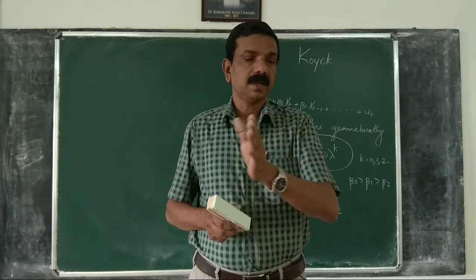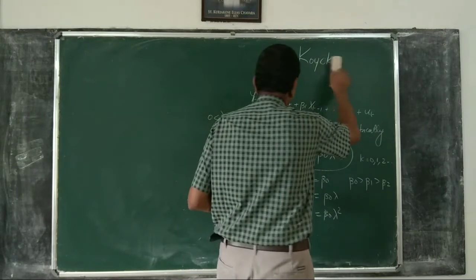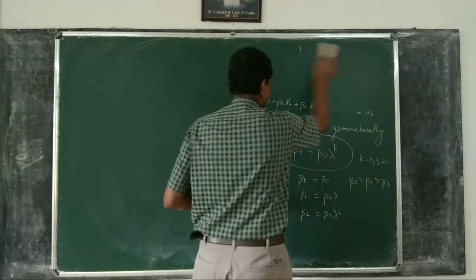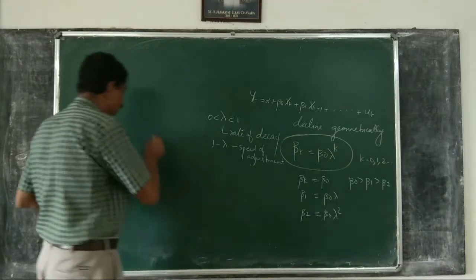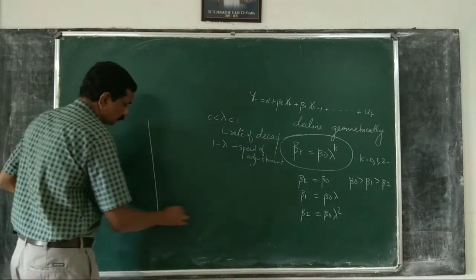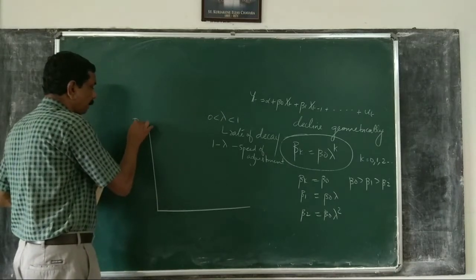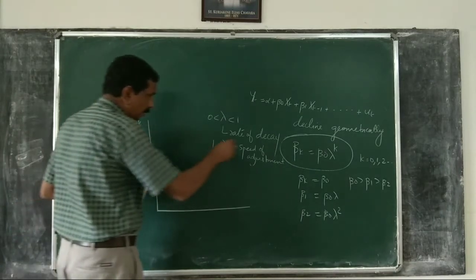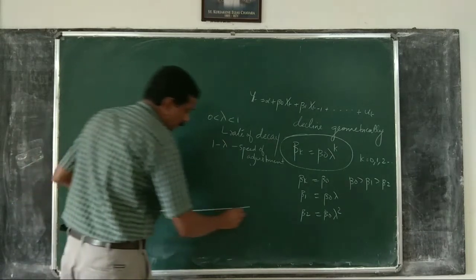If the value of lambda is small, speed of adjustment is very quick. As an example of this, consider this graph. Suppose this is beta k and it starts with beta 0. Beta 0 is the lag.